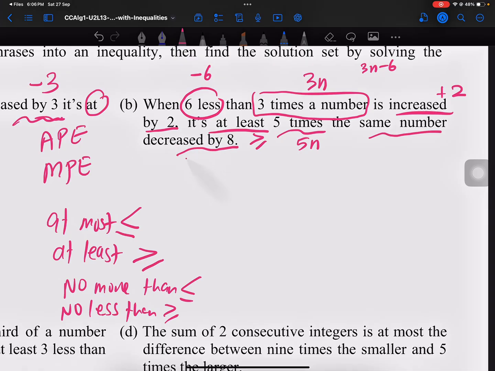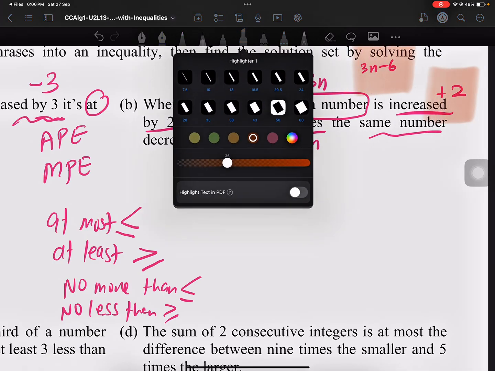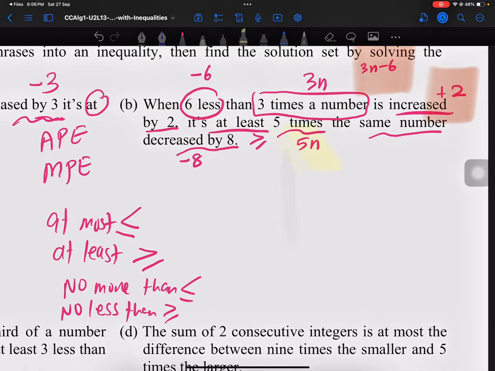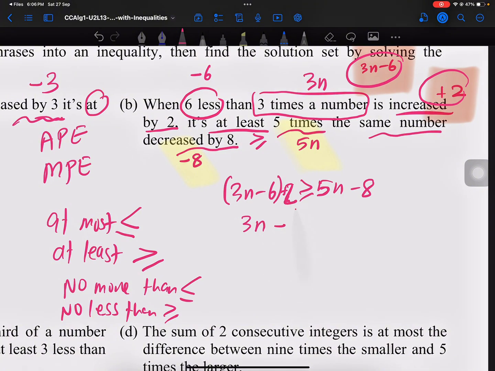The same number decreased by 6. Decrease meaning minus 6. So you can see that you will combine this, and then the other one is this, and this. In that state, you will have 3n minus 6 plus 2, at least 5n minus 6.